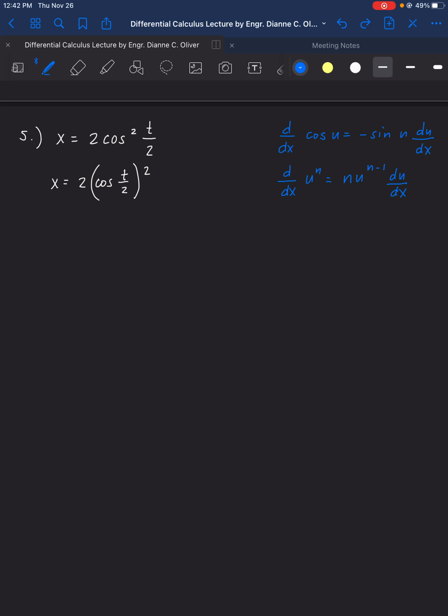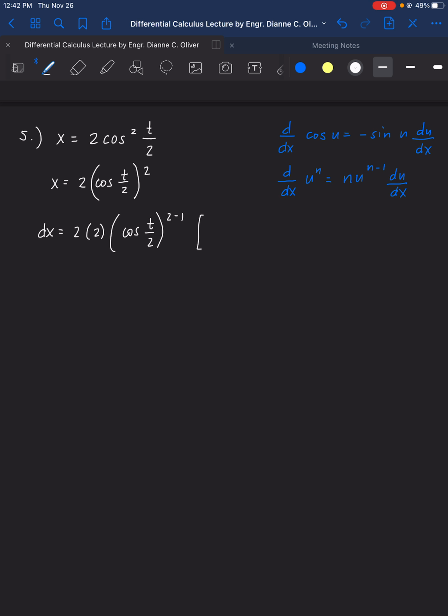So we have the pattern. Dx now is equal to 2, bring down 2, and then we have cosine t over 2, 2 minus 1, and the derivative of what is inside.